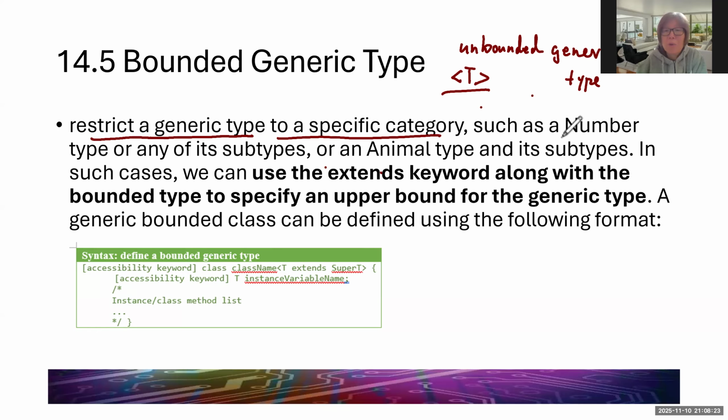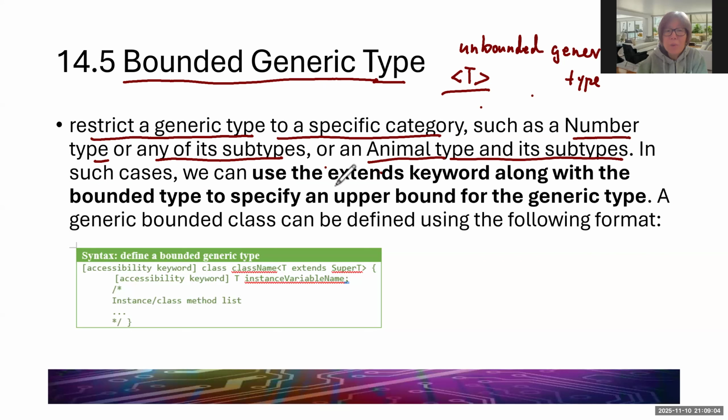Like over here, for example, you can restrict the generic type to be some number type or any of its subtypes, or like an animal type and its subtypes. Sometimes we probably need this, is it? So this is called a bounded generic type. For a bounded generic type, it's some type and its subtypes, and we allow the type and its subtypes.